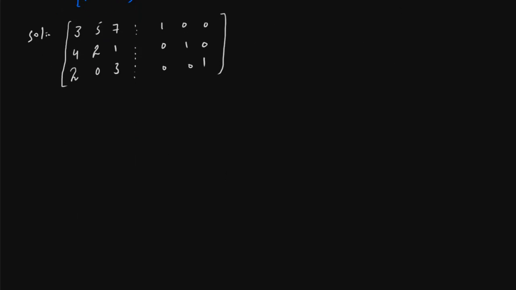Now for that I'm going to make that 1 and that 0 and that 0, and while looking here we can do one operation, and that is R1 minus R3, and the second, we are going to do R2 minus 2 R3.